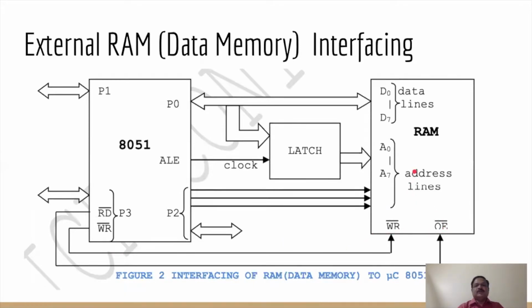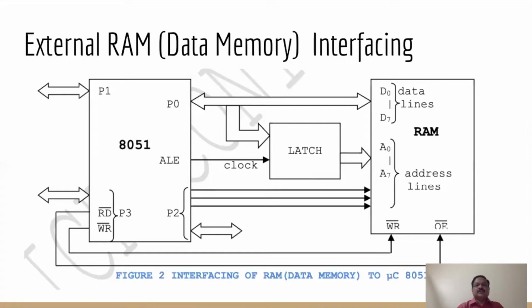The remaining things are the same: demultiplexing the data and address lines. ALE is used as a latch strobe signal to the latch, and you can access the memory for read and write purposes. That is the general interfacing for EPROM and RAM.